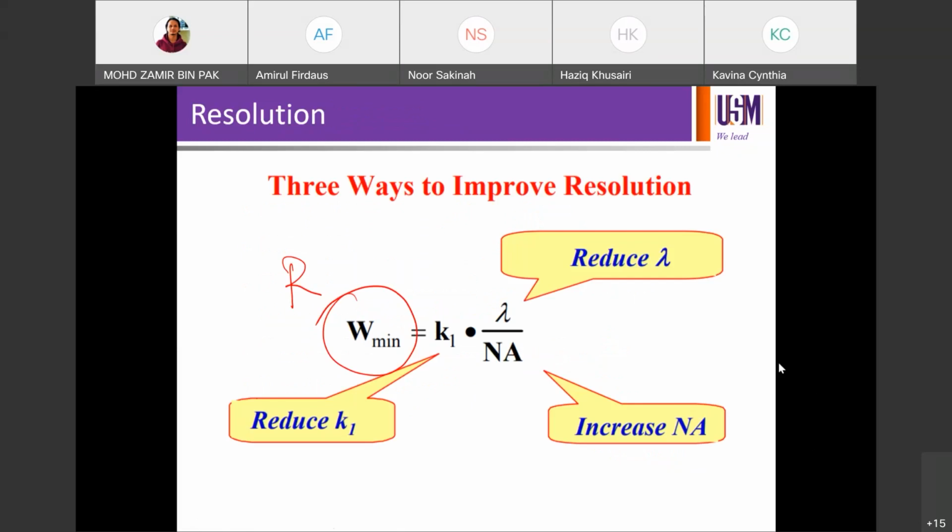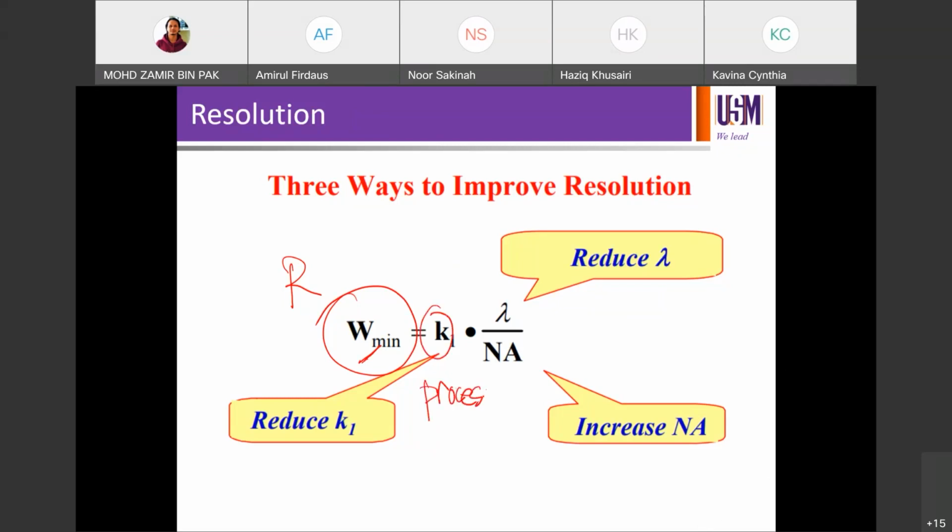Okay, so the minimum feature that can be printed by a lithography process, essentially, right? So R equals, in this case, it uses W min, tapi same thing sebenarnya. R equals K times lambda over NA, and K here is K1. K1 is the process factor.